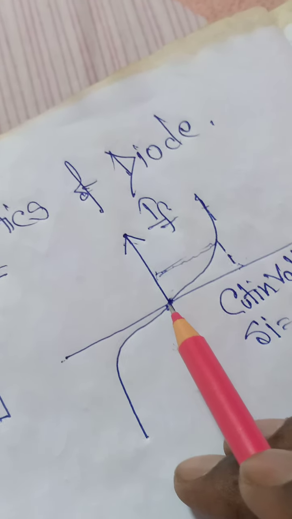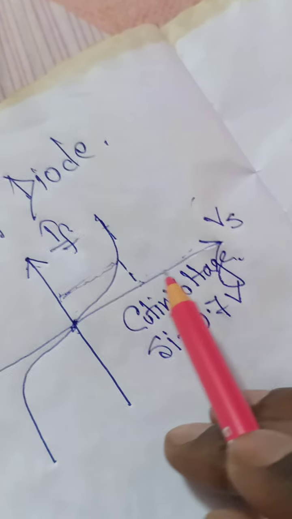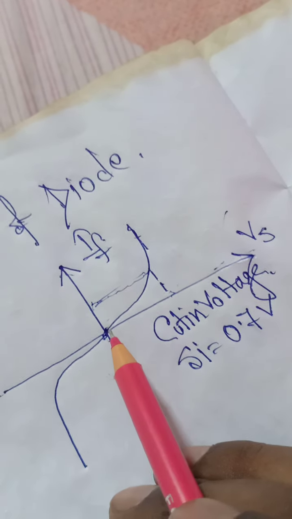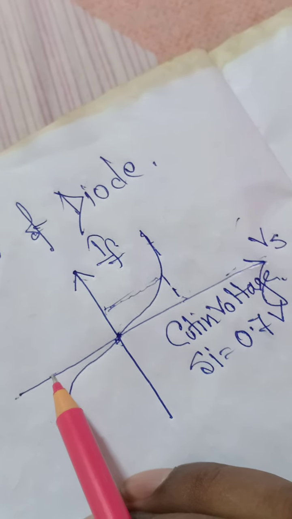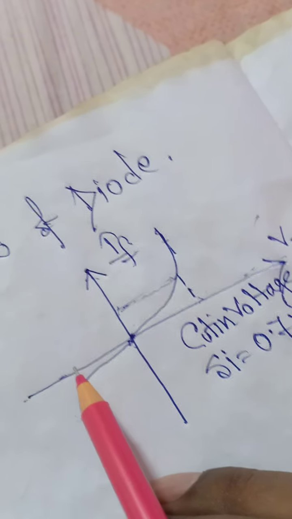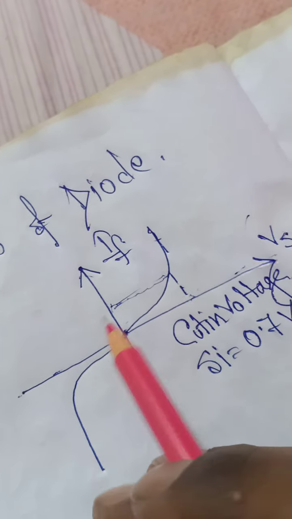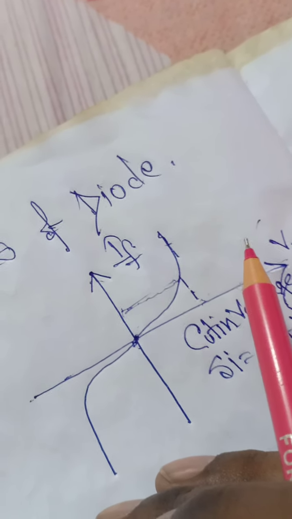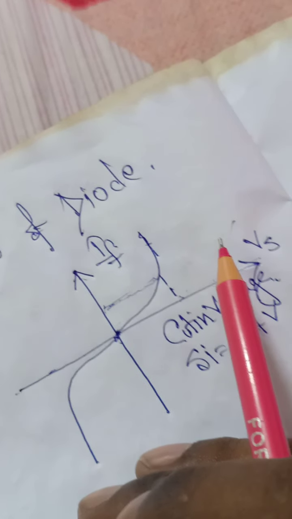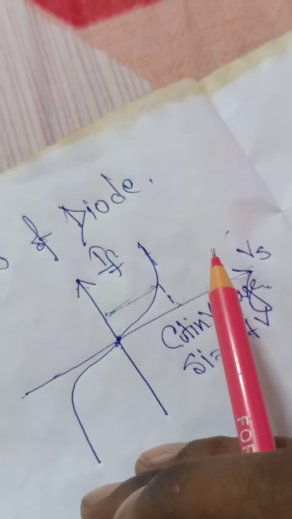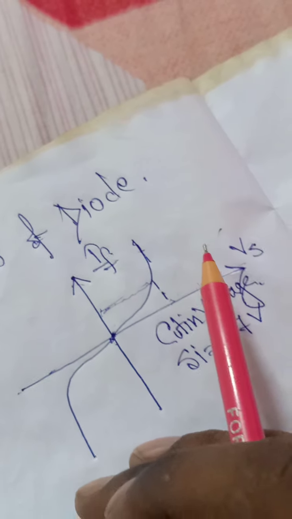So a leakage current will flow in the reverse bias condition. It will be of a magnitude of a few milliamperes to microamperes, which is independent of the voltage.